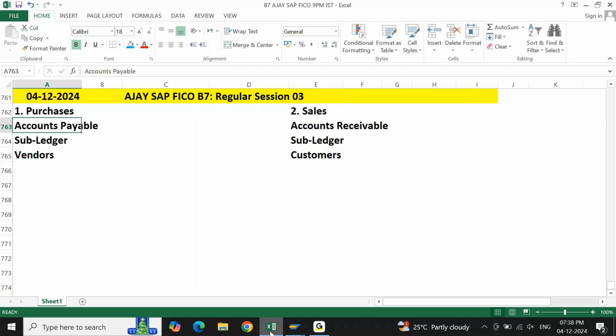Now, is accounts payable a P&L account or a balance sheet account? Balance sheet account. Similarly, accounts receivable is also a balance sheet account.